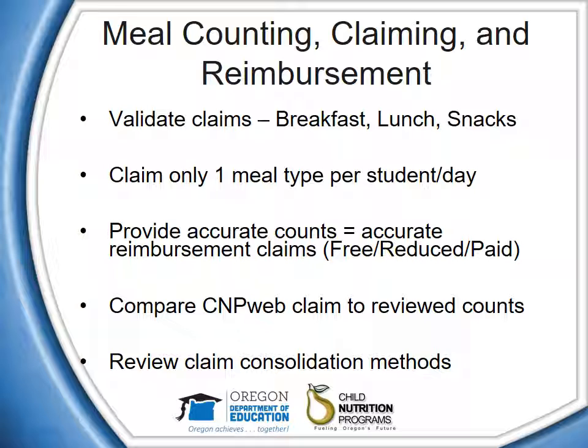They will test the sponsor's system to see if it provides accurate meal counts by category, free, reduced, and paid, yielding accurate reimbursement claims, compare the sponsor's CMP Web claim for the review month to counts validated during the review, and review claim consolidation methods at the sponsor level.